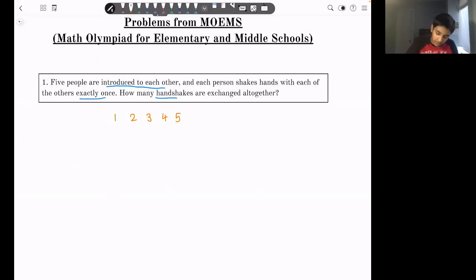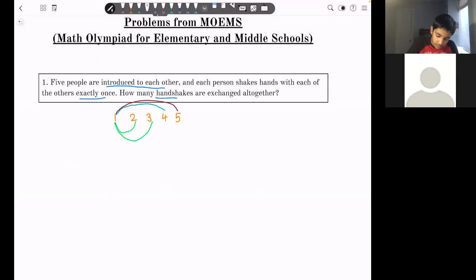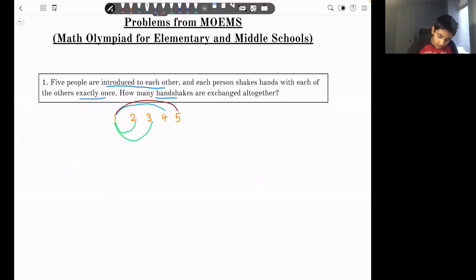Okay, so 1 can shake hands with 2, 3, 4, or 5. 2 can now shake hands with 1, 3, 4, or 5. 3 can now shake hands with 2, 1, 4, or 5.